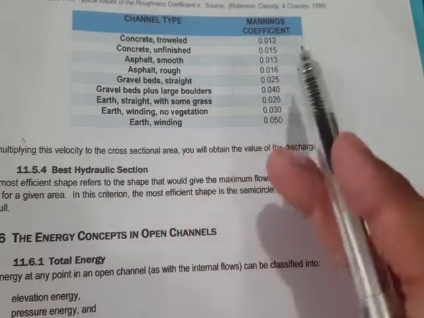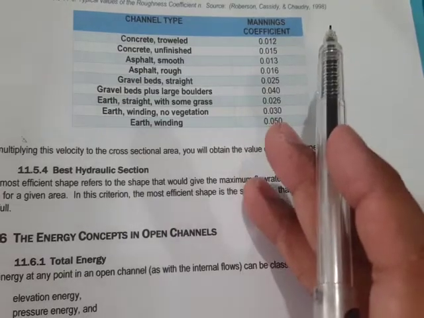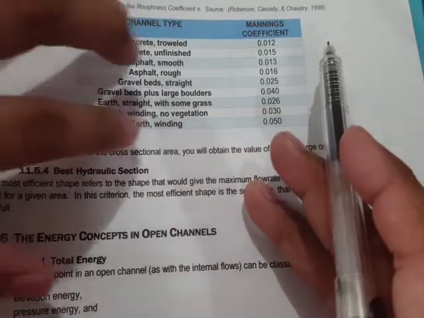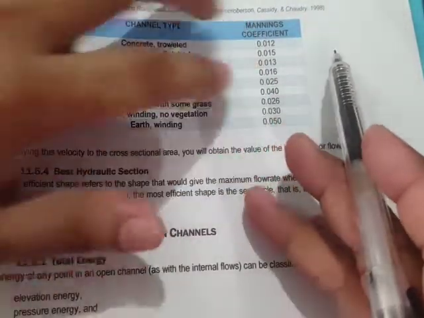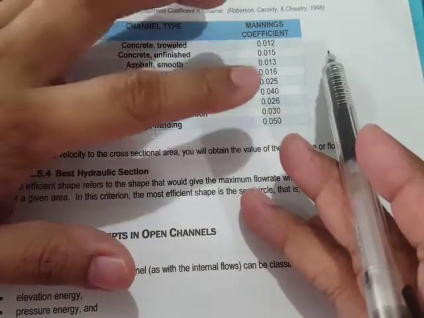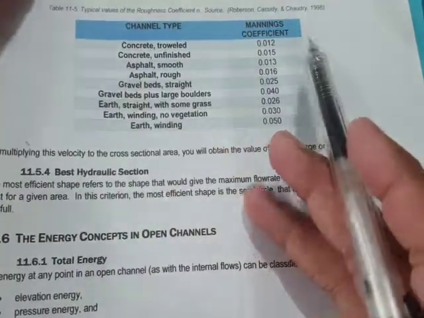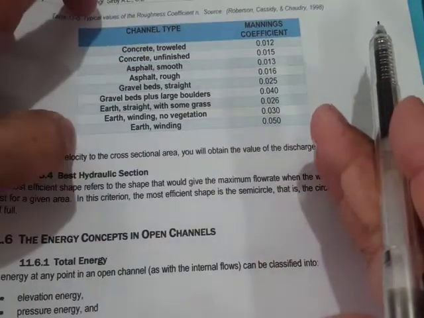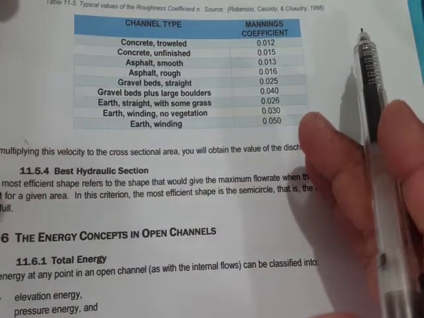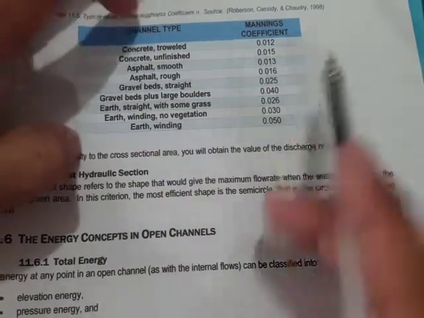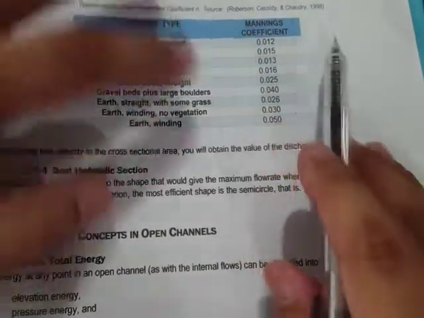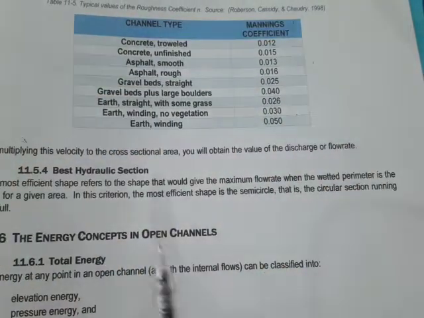So in other words, depending upon the material used in our open channels, there's going to be a specific value of the Manning's coefficient. And whether we are solving in English or SI units, we just use the same Manning's coefficient.